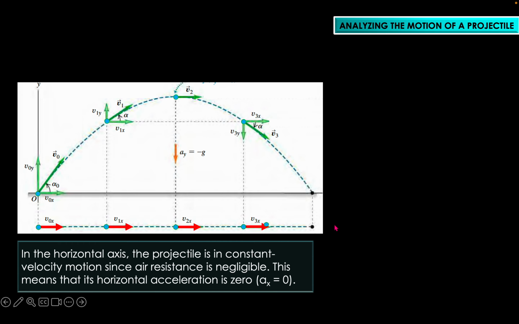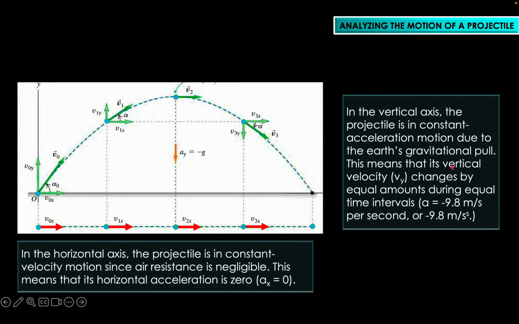And then another point we have to make, as opposed to the horizontal motion, take note that the vertical motion of a projectile is in constant acceleration motion due to the Earth's gravitational pull. So going upward, the projectile is actually slowing down in terms of vertical velocity, or v sub y. That is because when something is going up, it is opposed by the gravitational pull, which is downward.